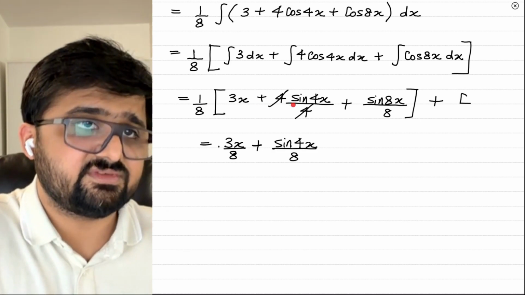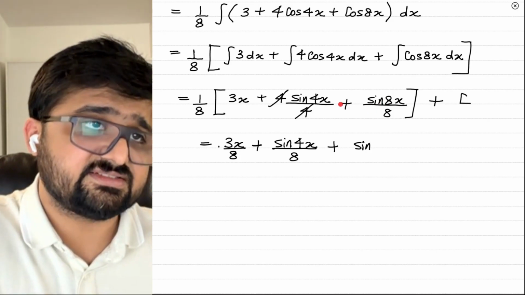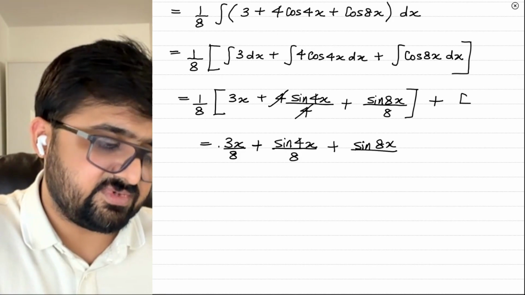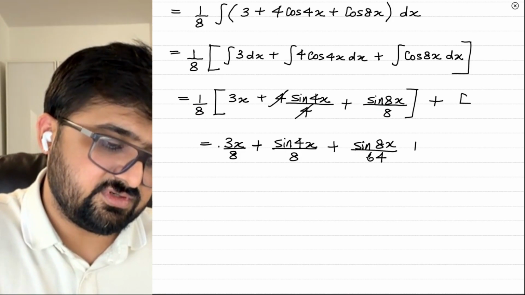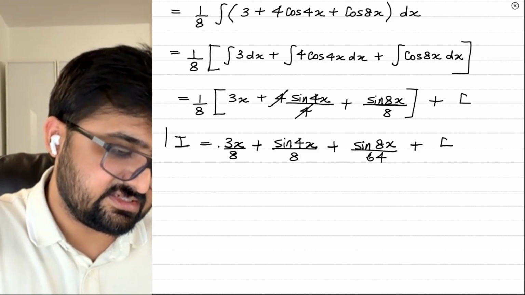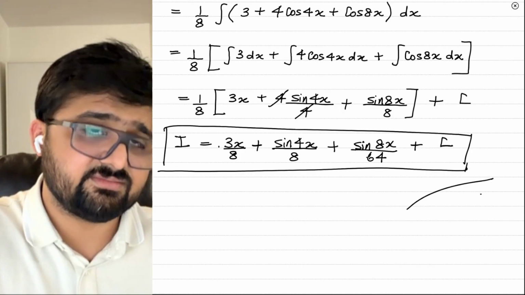Multiply this 1 by 8 in the second term. Plus sine, multiply this 1 by 8 over here: 8x divided by 8 times 8, which is 64, plus constant of integration c, and that's your final result for the integral. I hope that makes sense.